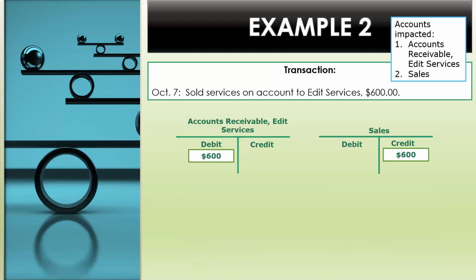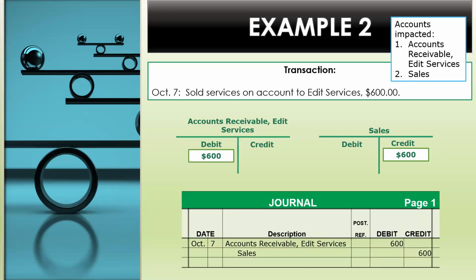Example 2, transaction. On October 7th, we sold services on account to Edit Services in the amount of $600. The accounts impacted are 1, accounts receivable, Edit Services, and 2, sales.